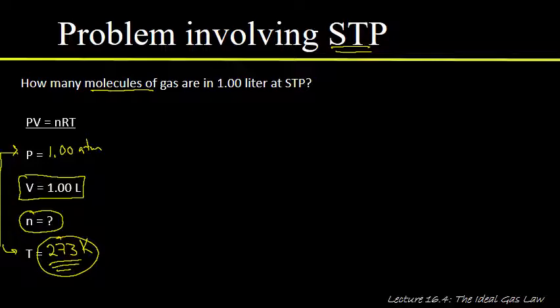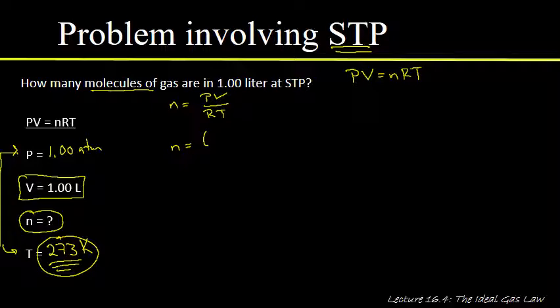Okay, so now we want to know how many molecules there are. That means we're trying to solve for n. And if we've got PV equals nRT, we want to solve for n. We just divide both sides by RT, and that will give us n equals PV over RT. Right?